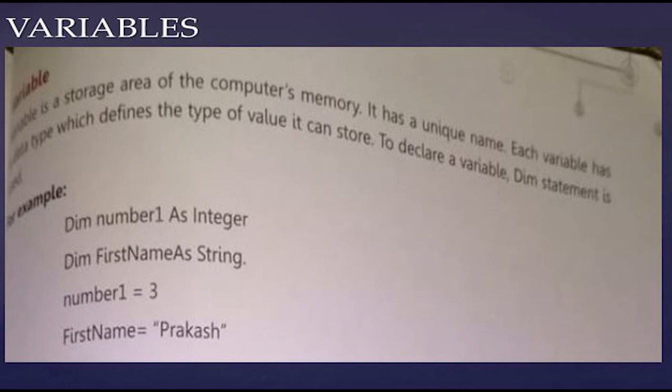Simple. In that way we can store values in a variable, which means it stores in an area of the computer memory. Dim number 1 as integer means where all the numbers will be stored. First name as string means in first name we are storing the names of persons.